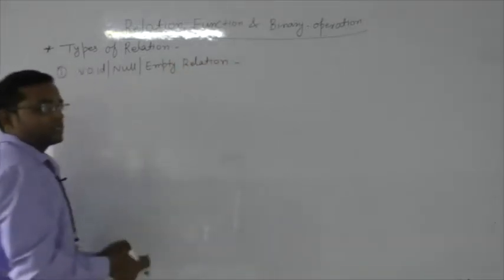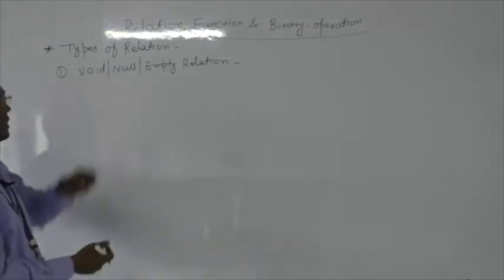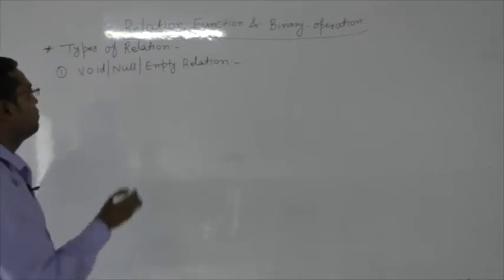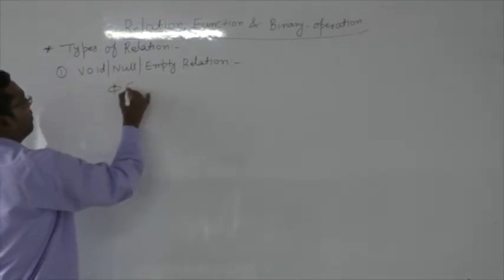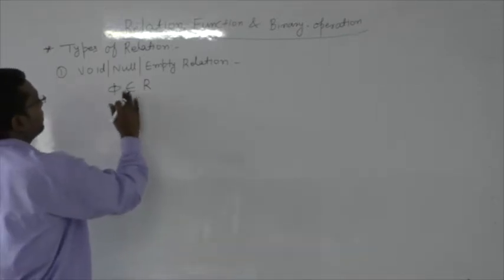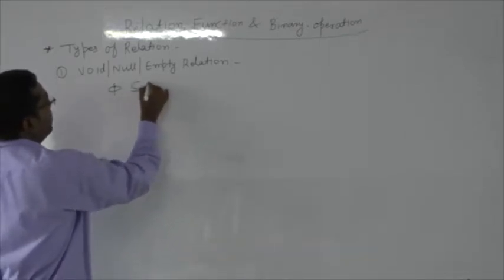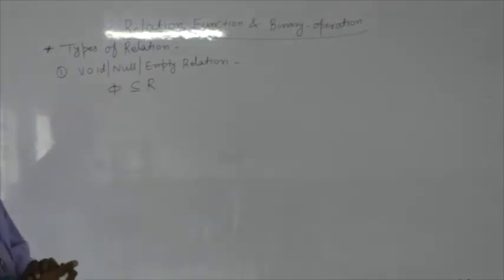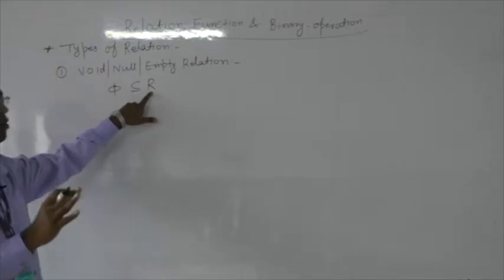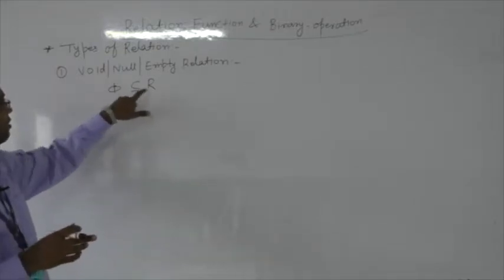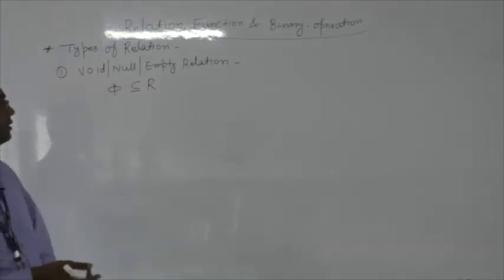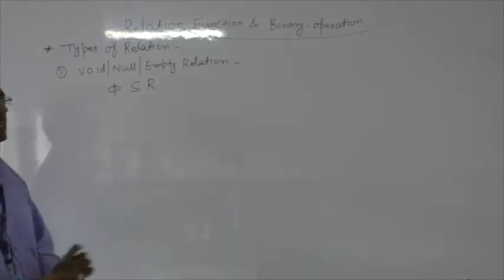As the name suggests, this relation will have no element, and we know from set theory that phi is a subset of every set. Because a relation is nothing but a set, phi will be a subset of this relation. This type of relation is called null relation, meaning this relation will contain no elements.